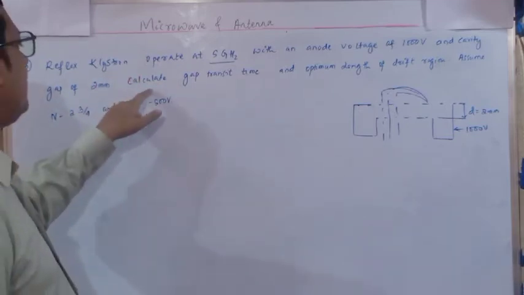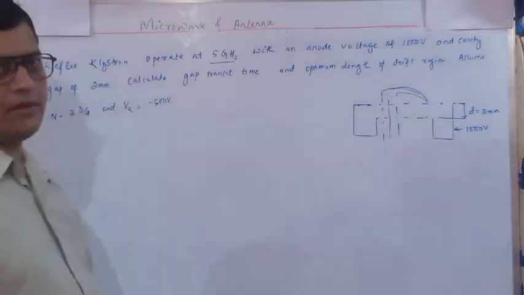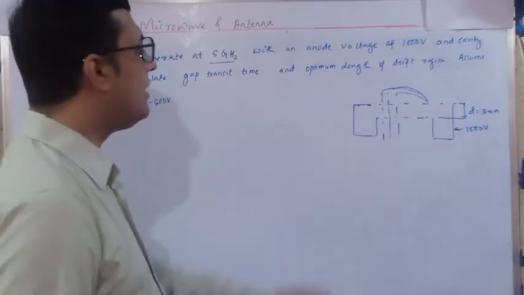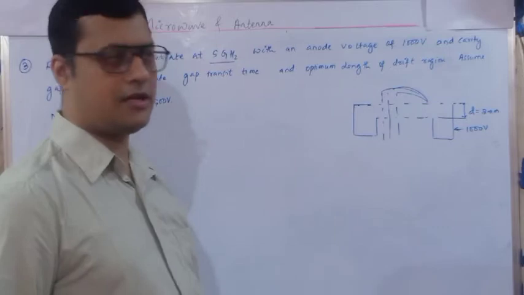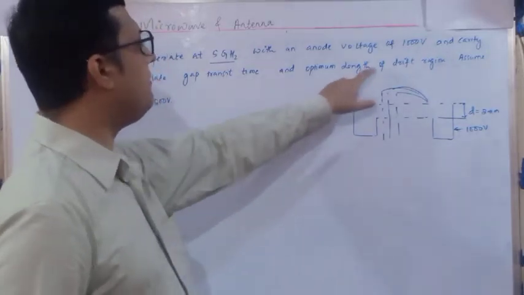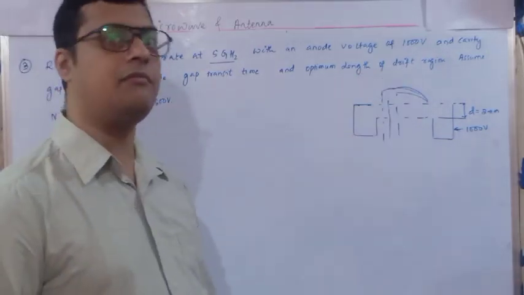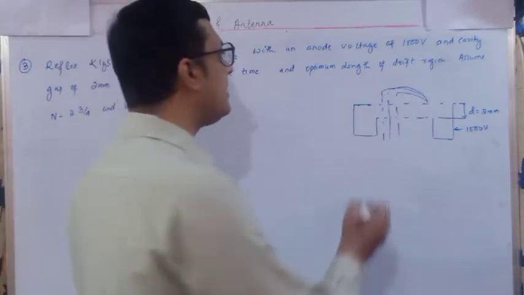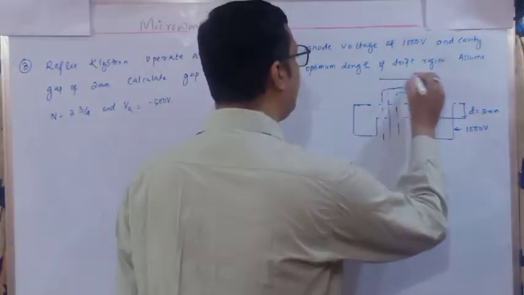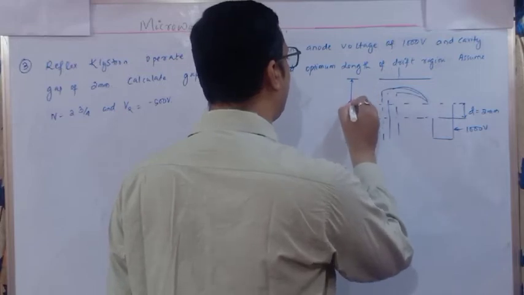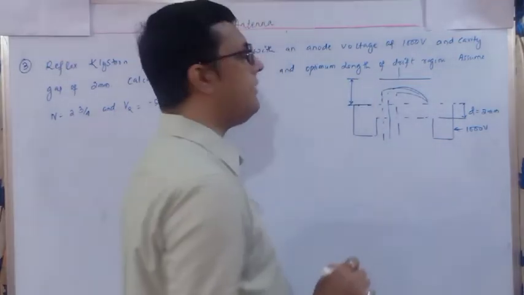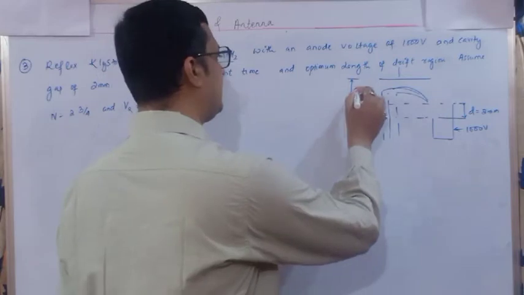Here we have to calculate the gap transit time. Gap transit time means the time taken by an electron to cross this particular gap, and the optimum length of the drift region. Optimum length of the drift region means here we have a repeller, and this is the drift region, means repeller space.